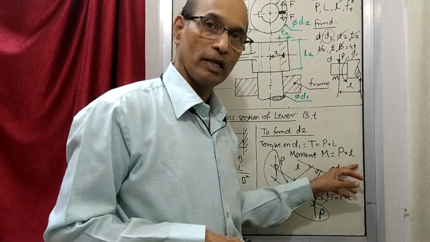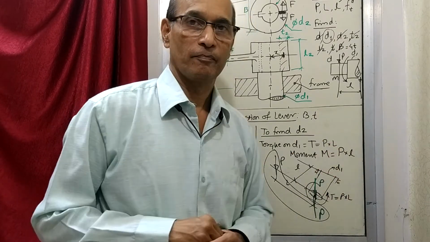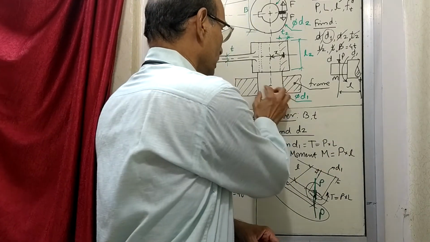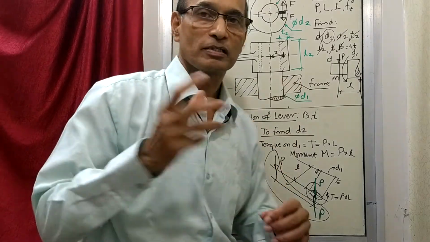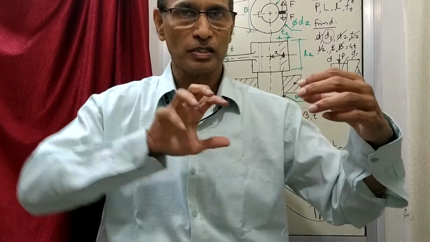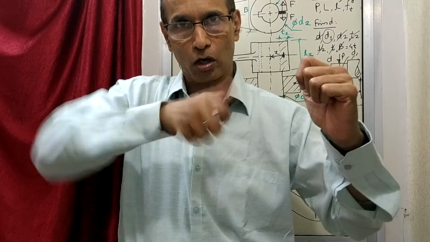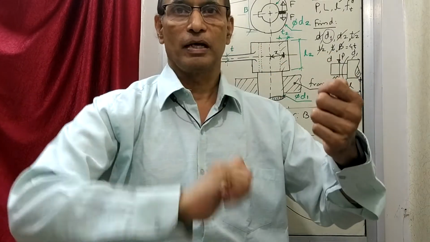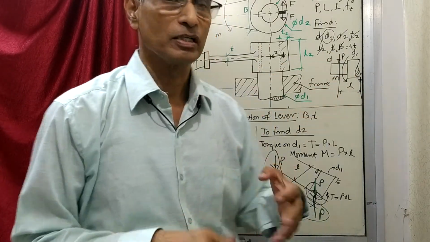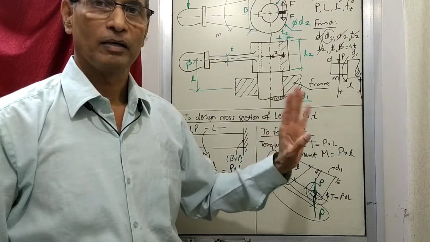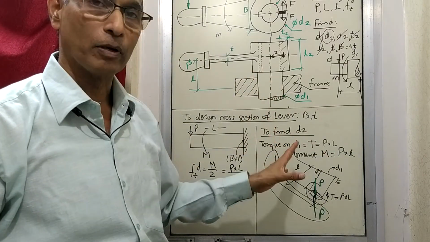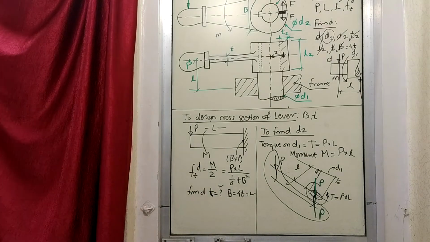So the same cross section is getting a twist, that means torque, and is also getting bent like this as a moment. So the same cross section is experiencing torque and moment. Now what do we do when such a thing happens? That is what we will now see.